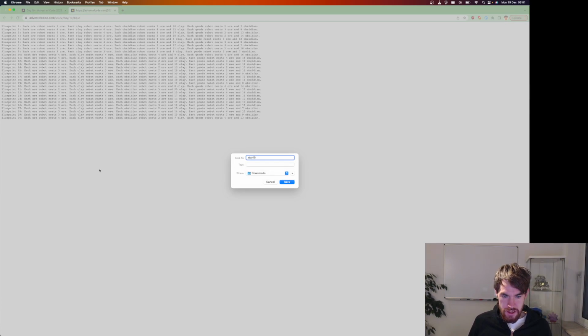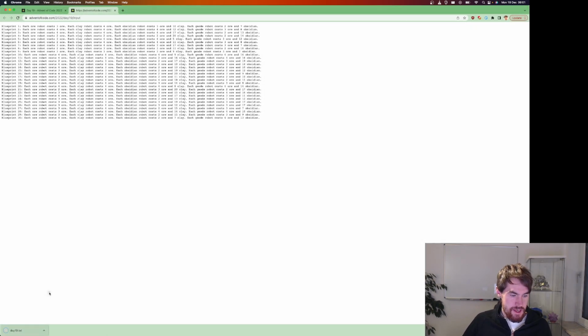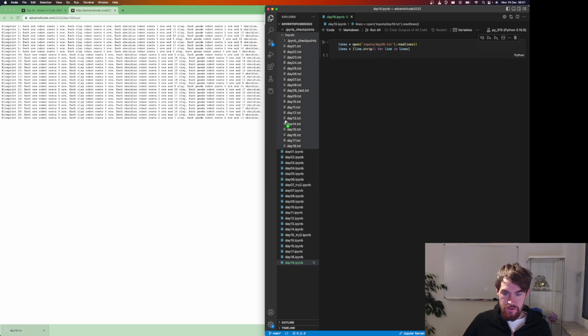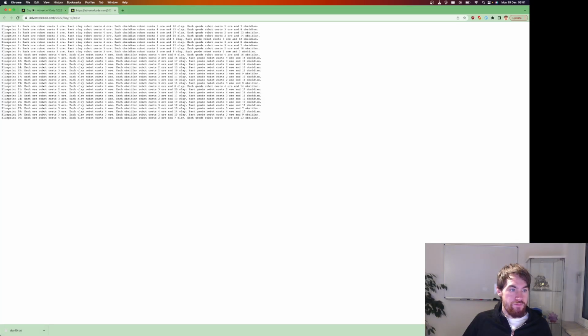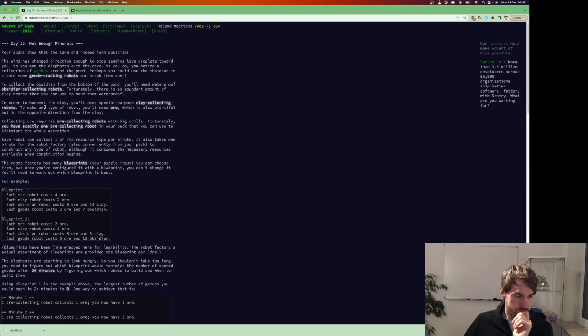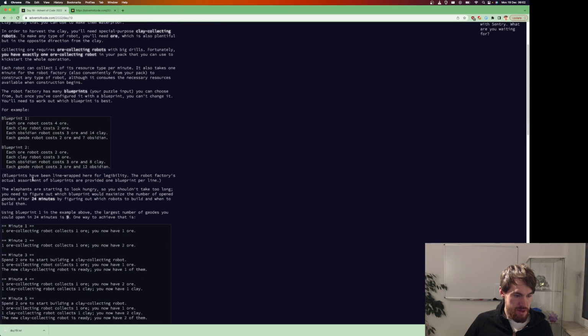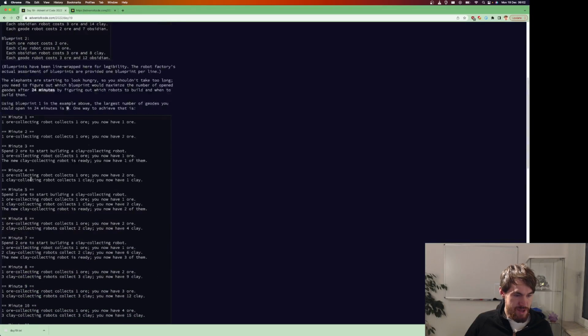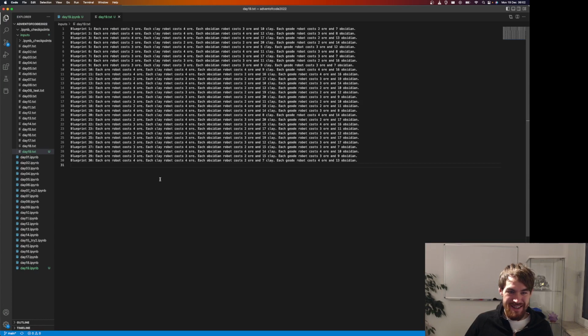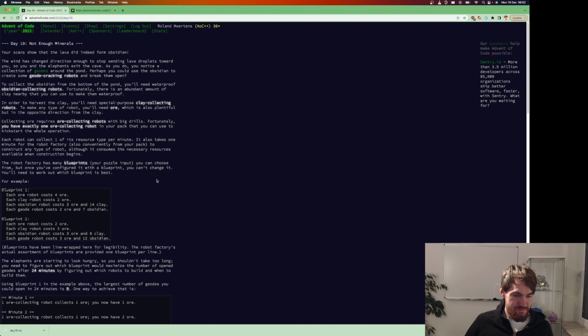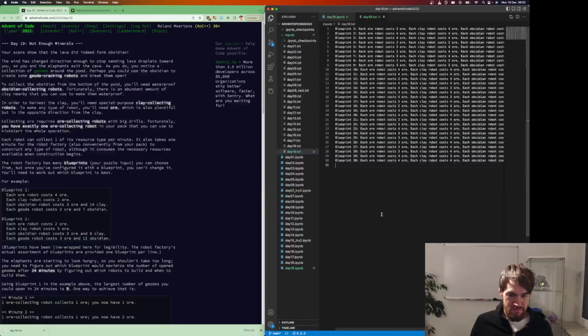Day 19.txt. Let's move this to Visual Studio Code. It's interesting because the blueprint input here is different than the example input. That's weird.